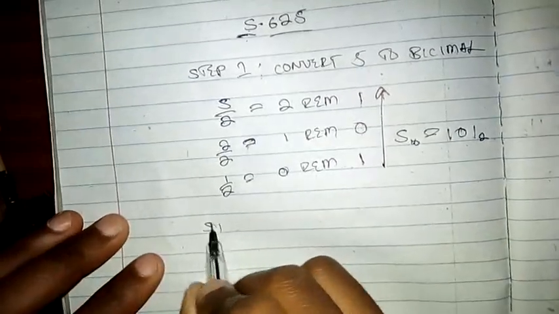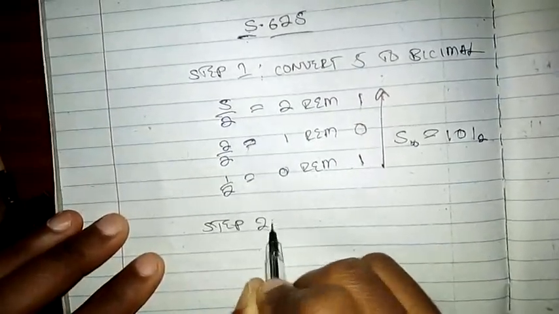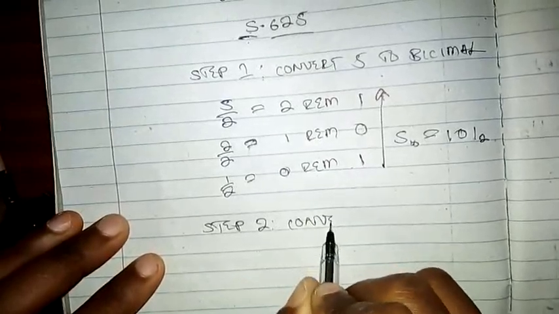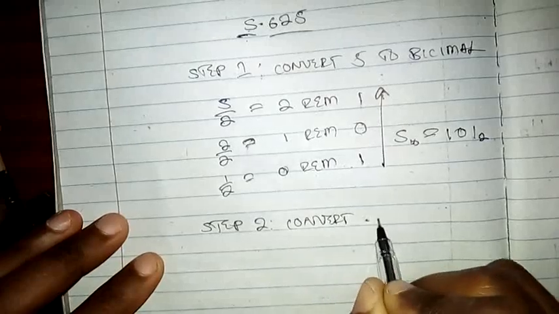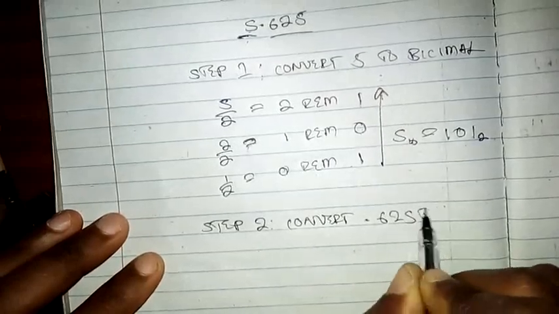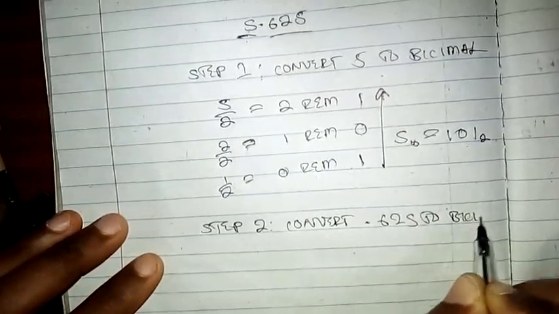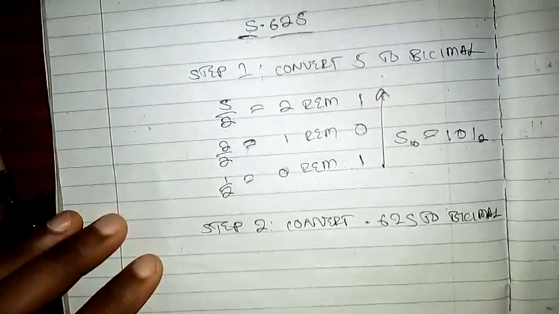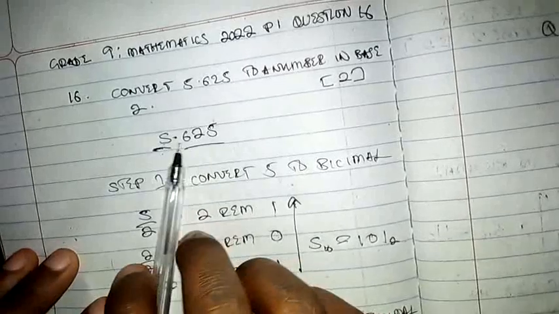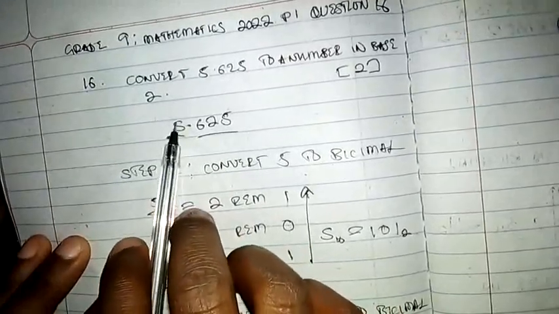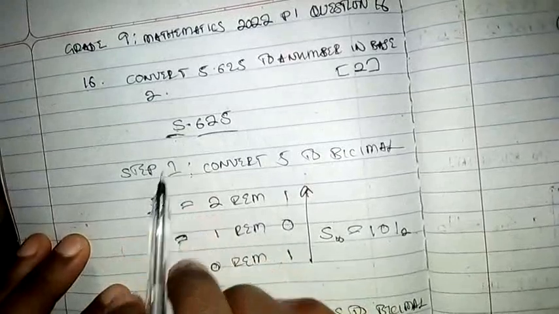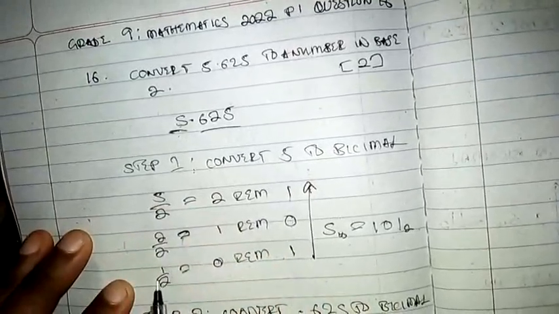So we say step 2. Convert 0.625 to binary. Remember, when we converted the whole number 5 into base 2, we were dividing by 2 repeatedly.